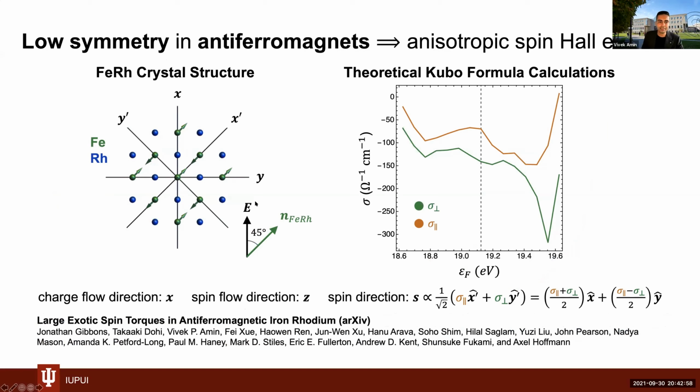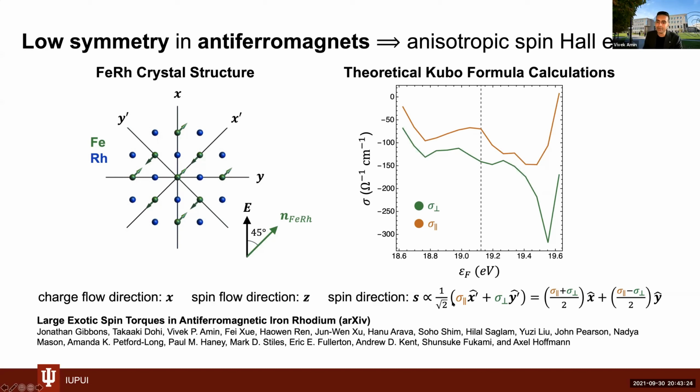We're going to have the electric field pointing along what we're calling the X direction. And here's the sort of unconventional part. We believe that the Néel order in our sample is actually pointing 45 degrees from the electric field, just due to how the system is grown. And so because of that, we can identify two different spin currents that would result in that orientation.